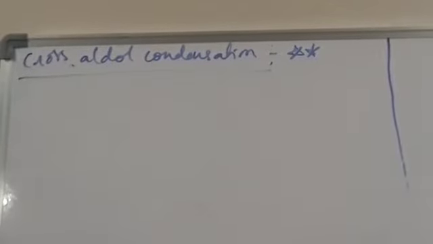Here we get general products which are called aldol products, self-aldol products. So what are self-aldol products here? But-2-enol and 2-methyl pent-2-enol. Both are self-aldol products. Okay. So but-2-enol and also 2-methyl pent-2-enol.